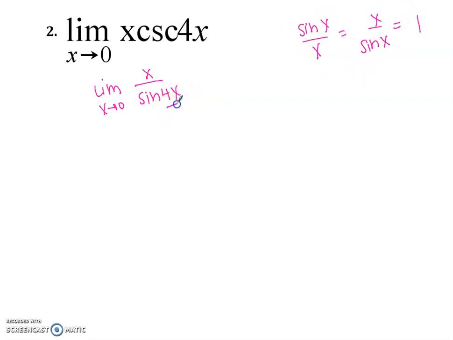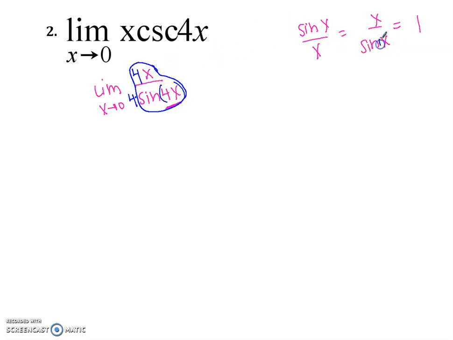But here I have a 4x. Whatever is in the sine needs to match the x on top. So I have to multiply what's on top by 4, and to keep this fraction equal, I also have to multiply the bottom by 4. The reason is that we want these to match.